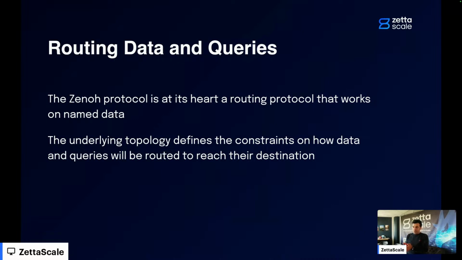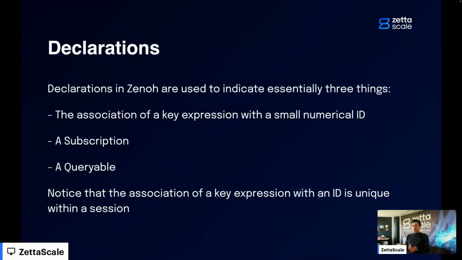Now the question is, in Zenoh, how do we figure out where data or queries need to flow? That is done through declaration, and there are three kinds of declaration in Zenoh. You can declare a key expression, and declaring a key expression does nothing else than define an association between the name represented by the key expression and a very small numerical ID.